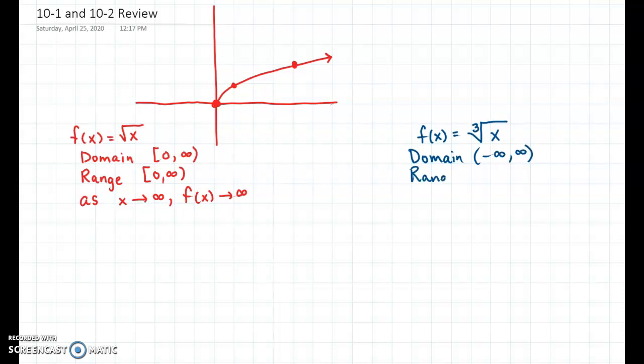The range for the cube root function is from negative infinity to infinity. And the cube root function has 2 end behaviors, but let's graph it first. So if I graph the cube root function, it passes through 0, 0. It passes through 1, 1. It also passes through negative 1, negative 1.